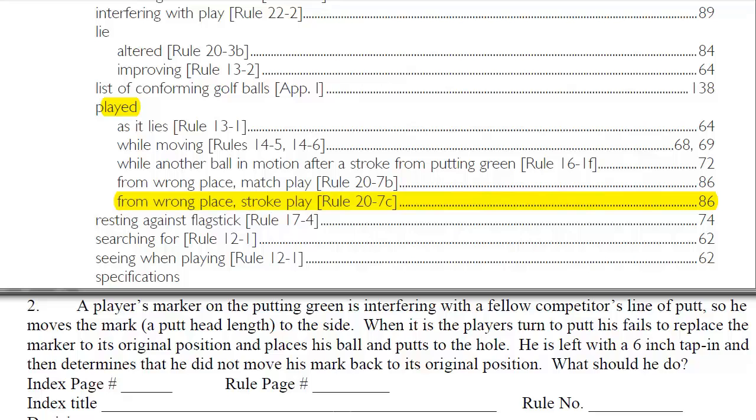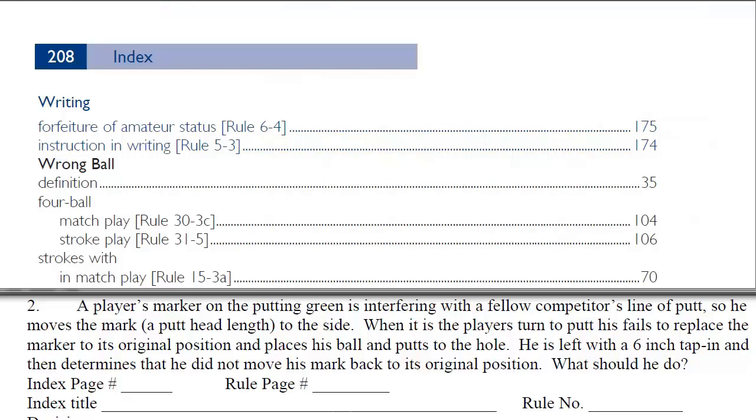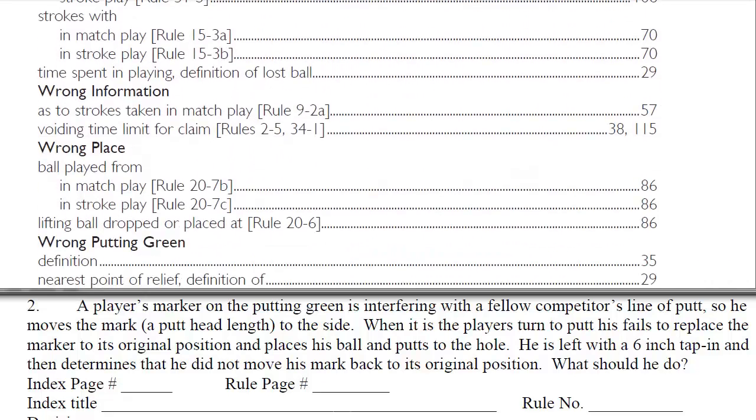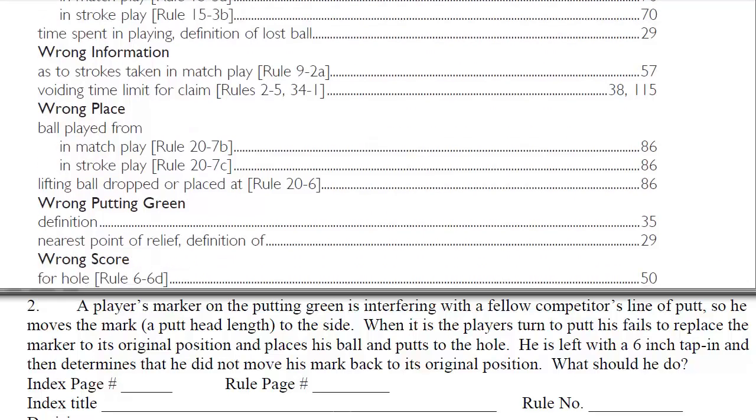So anyway, we found this: a player played from a wrong place in stroke play. It sends us to Rule 20-7C on page 86. Now, we talked about cross-referencing. Let's see if we can find it in another place in the rule booklet. We're on 183 right now. Let's go over to page 208, and we talked about the word wrong, and here we have wrong place.